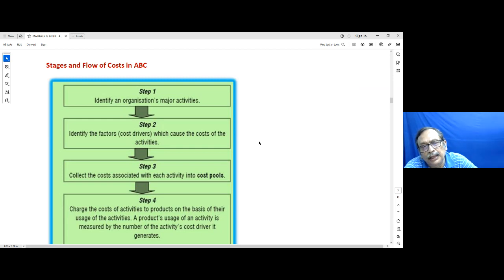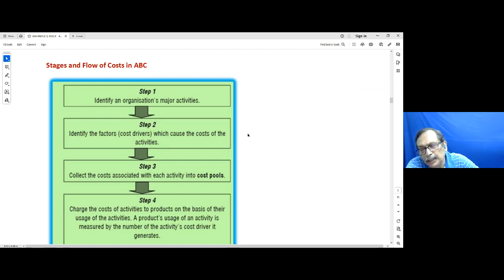Step 1, identify an organization's major activities. So, identification of the organization's major activities is the key task in activity-based costing. Now, in the context of activities, there are certain activities which are called value-added activities, and there are certain other activities which are called non-value-added activities. Let me tell you the meaning of value-added activities.